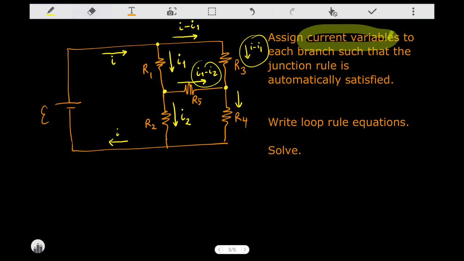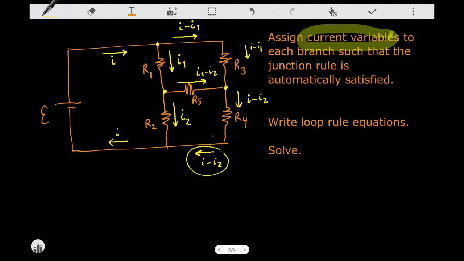Again, I don't need to invent a new unknown. The sum of these 2 currents would be the current in here. So this is going to be I minus I2 then. Okay, again, on that branch, the current is I minus I2.